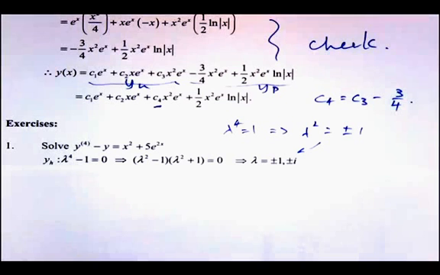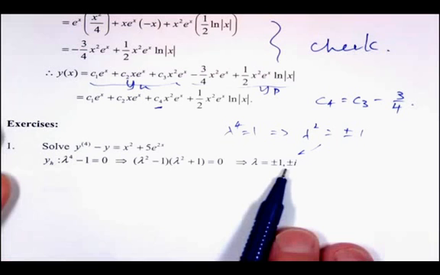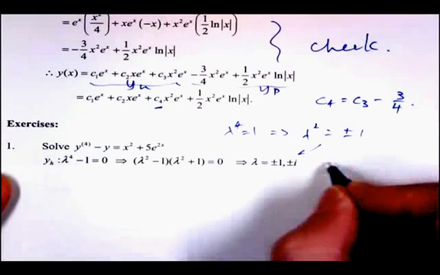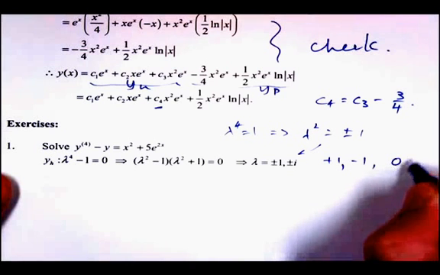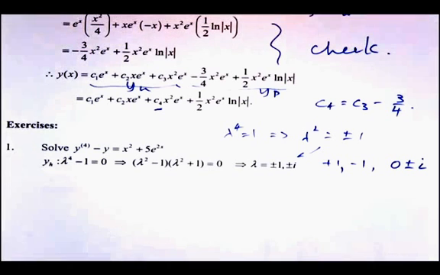Now, how do we understand these? It's constant coefficient, so this is the lambda method and the exponential type solutions. For the homogeneous, we've got 2 different types of solutions. So this is going to be a +1, a -1, and a complex conjugate pair that's going to look like 0 plus or minus 1i.